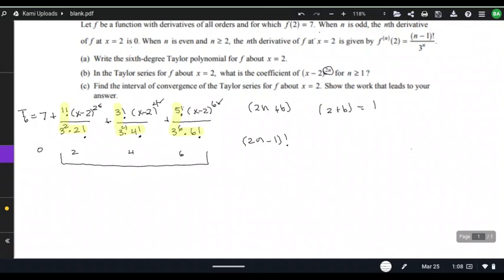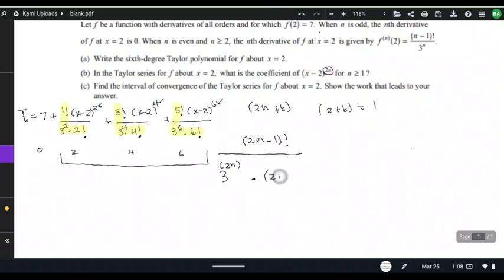We can see again that this is going up by 2's, so we're going to have 3 to the 2nth power, because plugging in 1 for n, we get 2, and that is what we're starting with. We're not going to add anything to it, so it's just going to be 3 to the 2n power. And then, looking at those factorials now, we have 2 factorial, 4 factorial, and 6 factorial. We see those are going up by 2's as well.